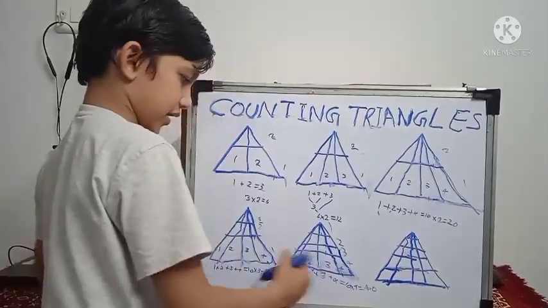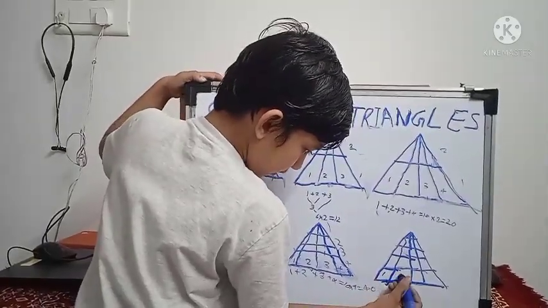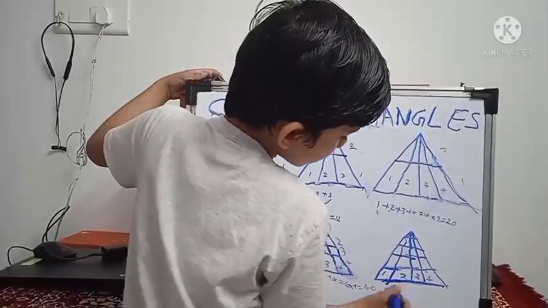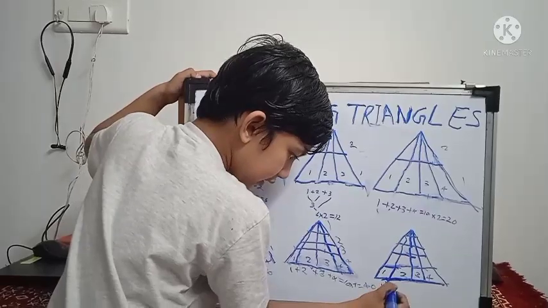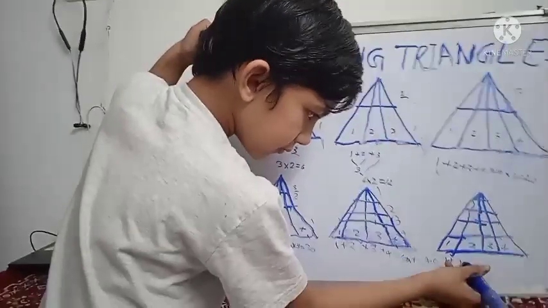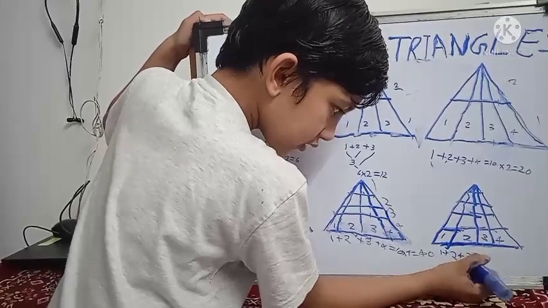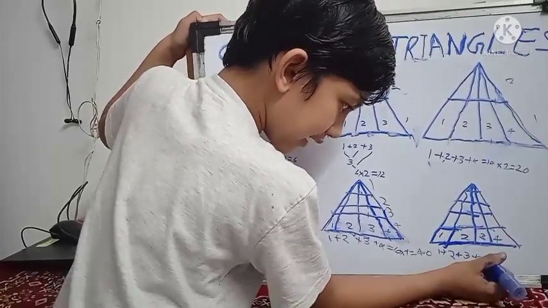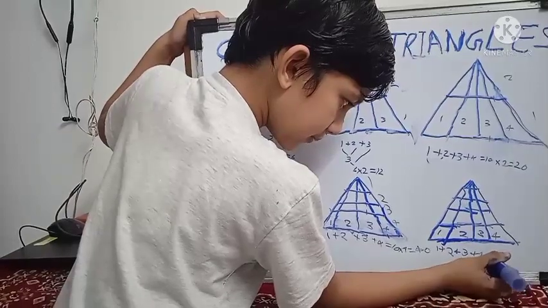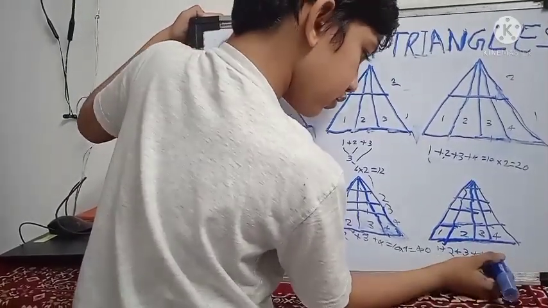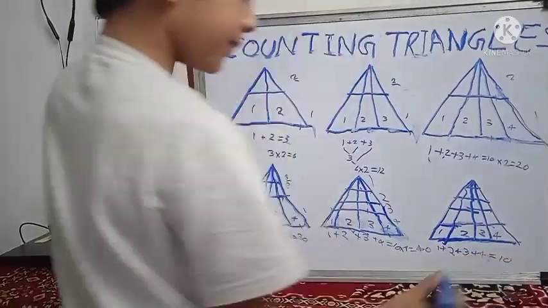As usual, every time it comes 4, so it will come 4 again. 1, 2, 3 and 4. Then 1 plus 2 plus 3 plus 4 equals to 10.